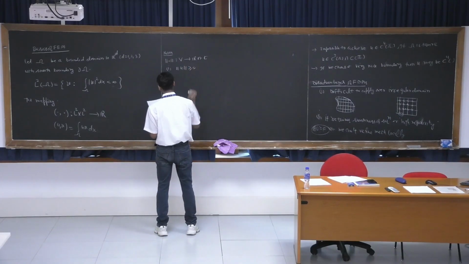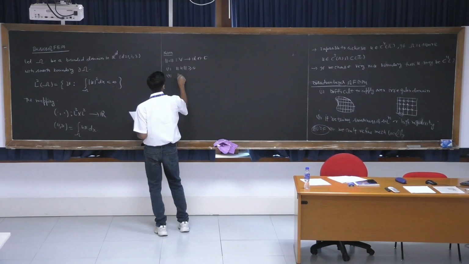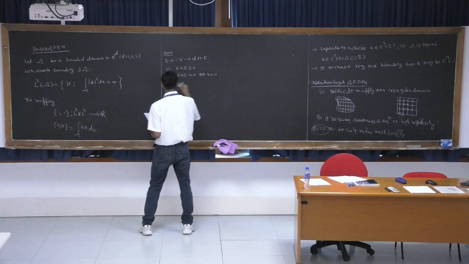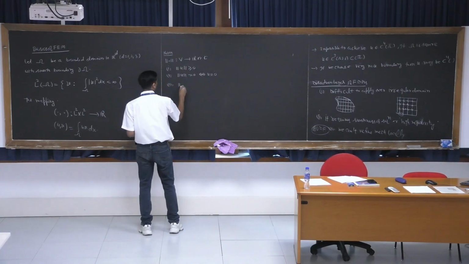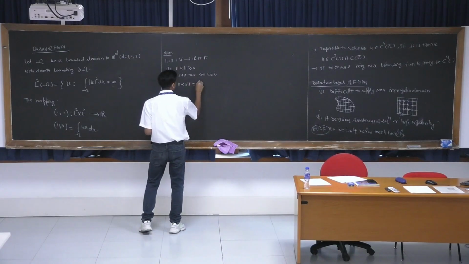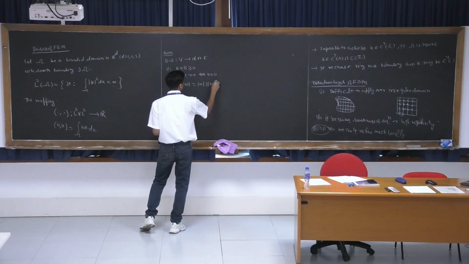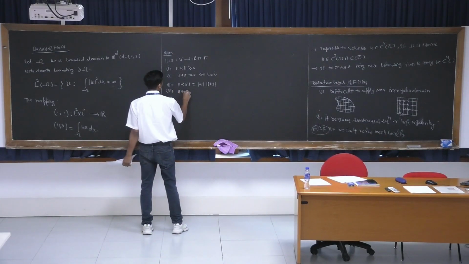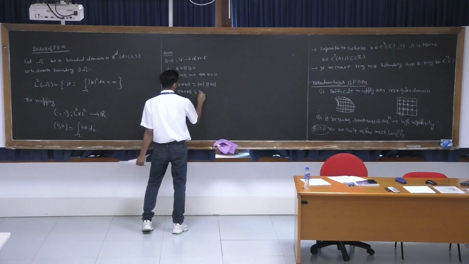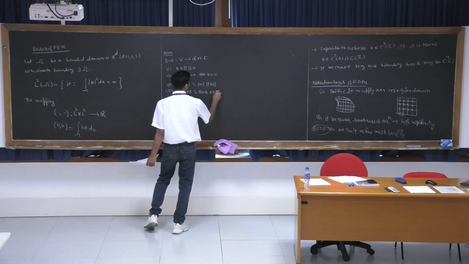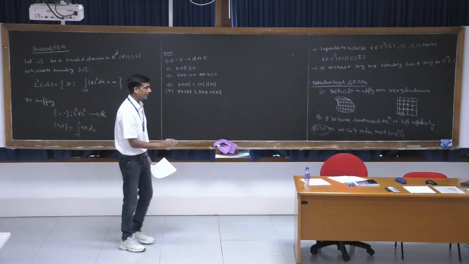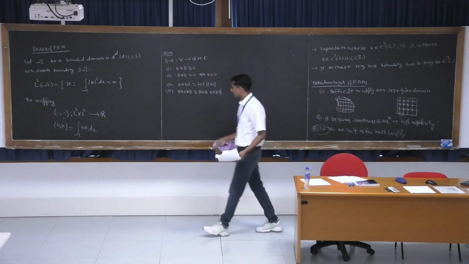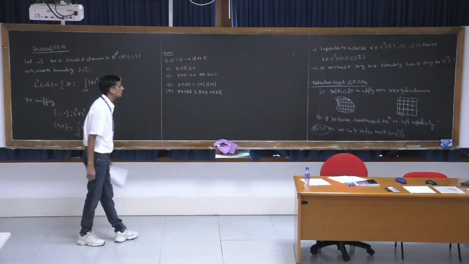First, it is always greater than or equal to 0. Second, it is equal to 0 if and only if u is equal to 0. Third, the norm of alpha u is equal to mod alpha times the norm of u. And the fourth property is the triangle inequality: norm of u plus v is less than or equal to norm of u plus norm of v. Because we will always play with norms in the analysis of the finite element method, it is necessary to know the definition of a norm.